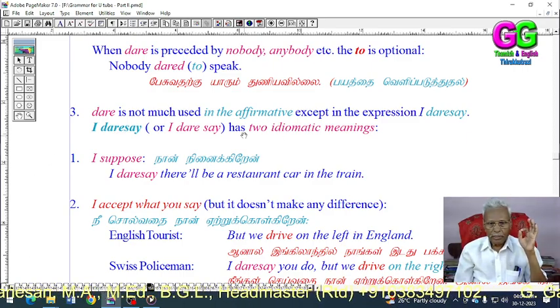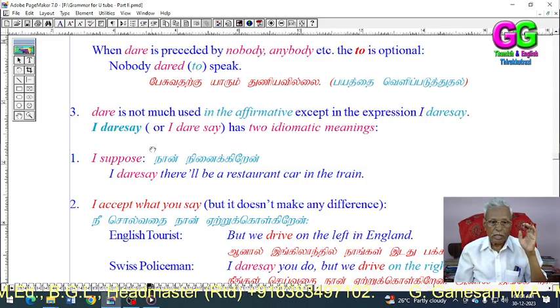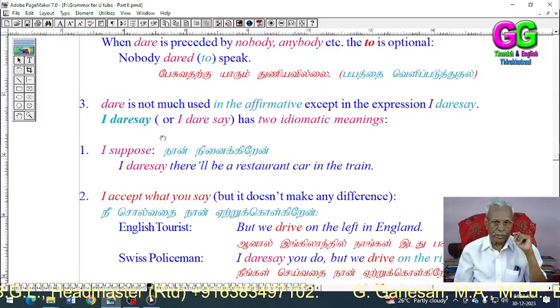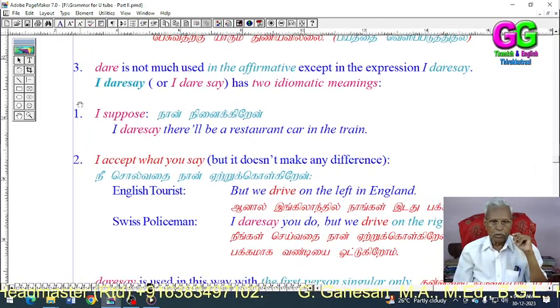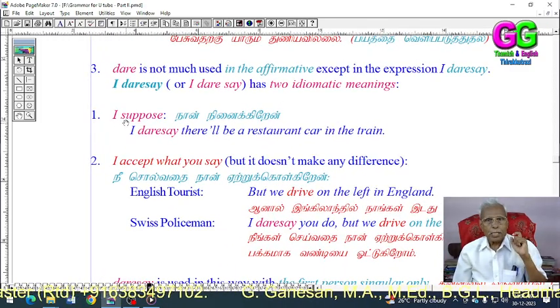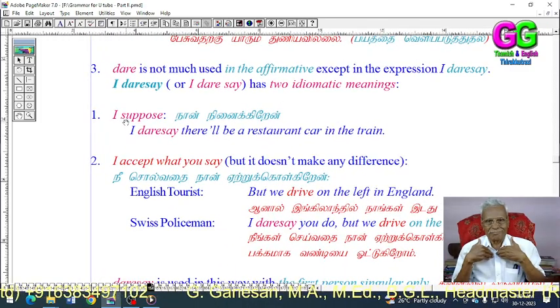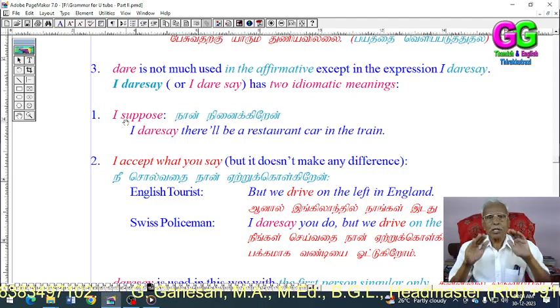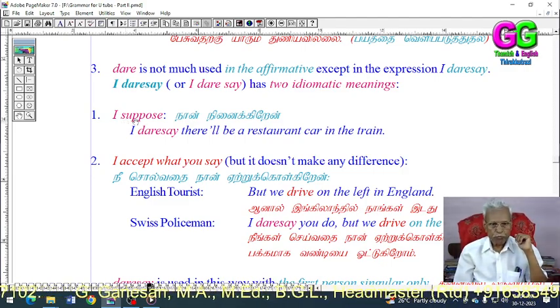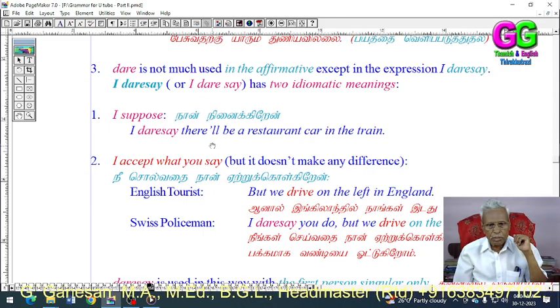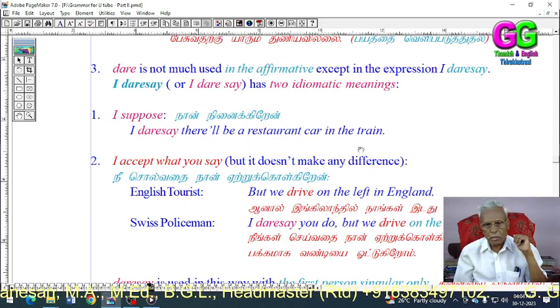I dare say has two idiomatic meanings. What are they? Let us see. One meaning is I suppose, that is, I think, I assume. I dare say there will be a restaurant car in the train.